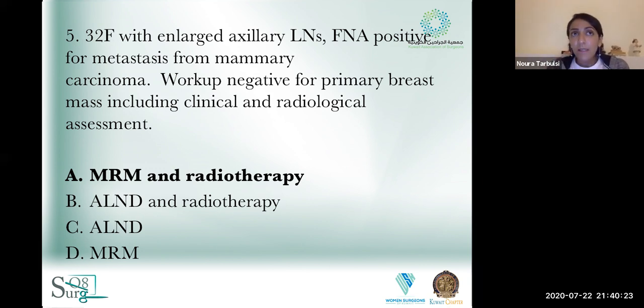So if there is an indication, which is locally advanced disease, but if the patient has early breast cancer and she doesn't have node positive and you can do lumpectomy, then there is no need to give neoadjuvant chemotherapy, but we wouldn't call it contraindication. We would just say that there is no indication for neoadjuvant chemotherapy.